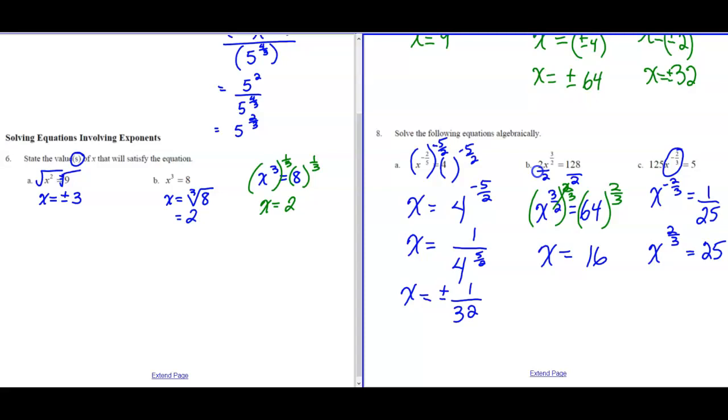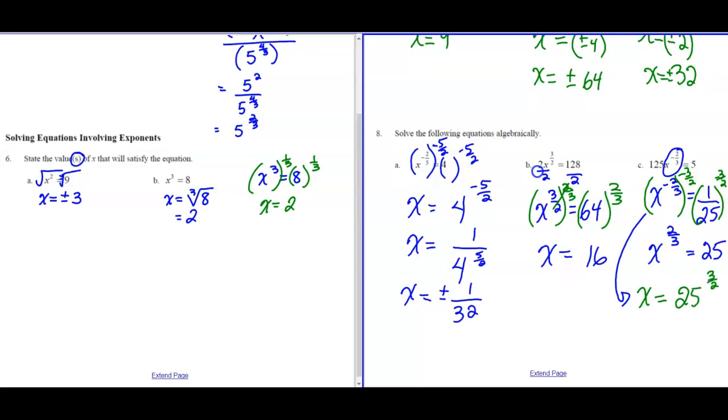Proportions. So you could do that and then solve from there, or following the same steps that we have been doing, to the negative 3 over 2 would give you x equals 1 over 25 to the negative 3 over 2, to make that positive would be 25 to the 3 over 2.